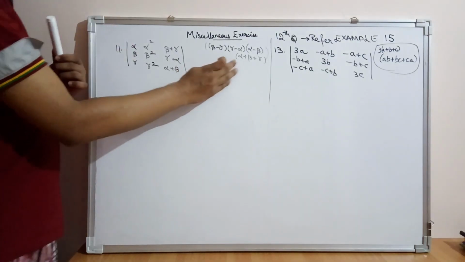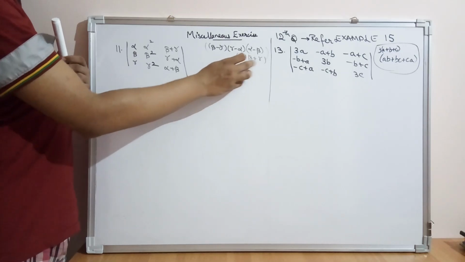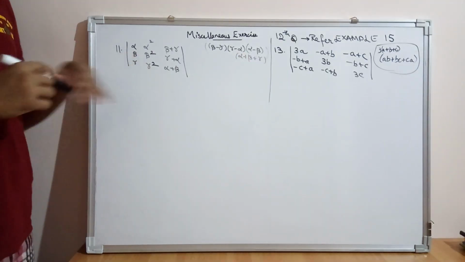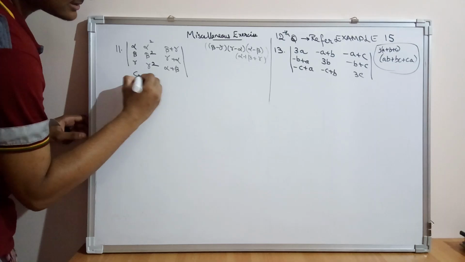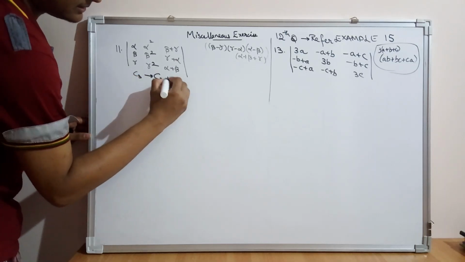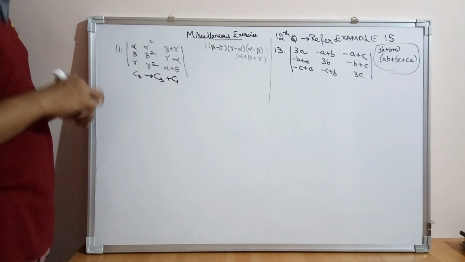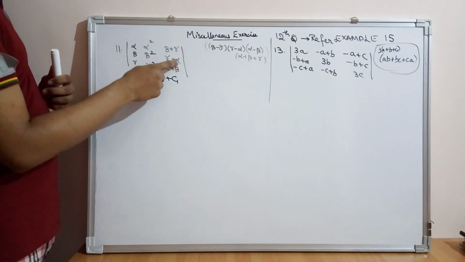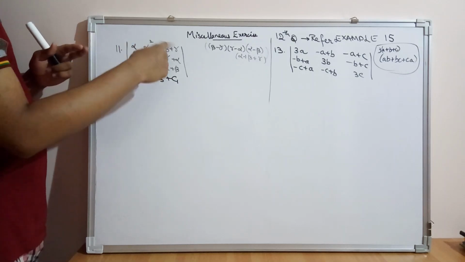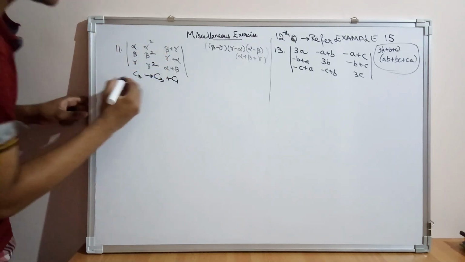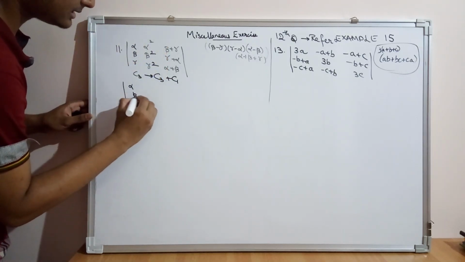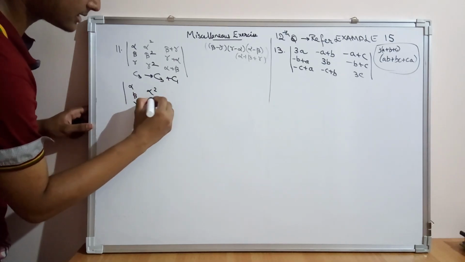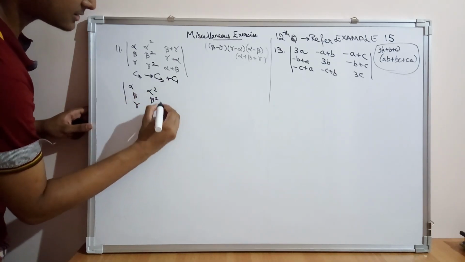Since I have a thing like this, alpha, beta, gamma, better I do it like this. C3 becomes C3 plus C1. Since I have a term that is remaining, you have gamma plus alpha, 1 beta is remaining like that. Similarly you have over here. So what we are going to get is here alpha, beta, gamma, then alpha square, beta square, gamma square here.